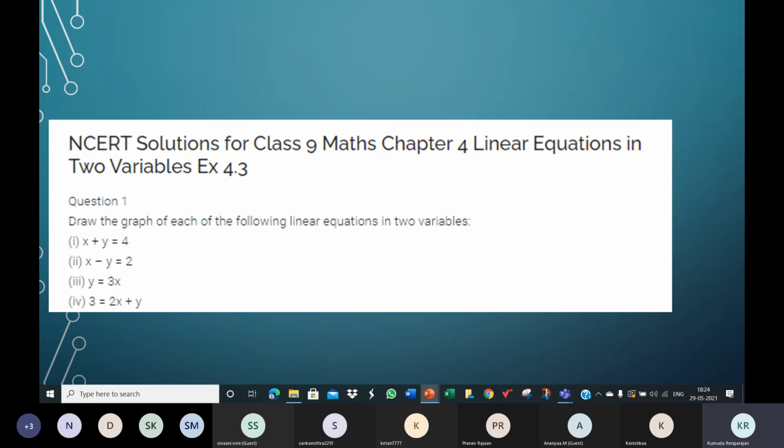Yes, Satvika, your graph is also right. The second one, very good. Satvika, Sangamitra, Ananya, and Kanishka have finished both the graphs.